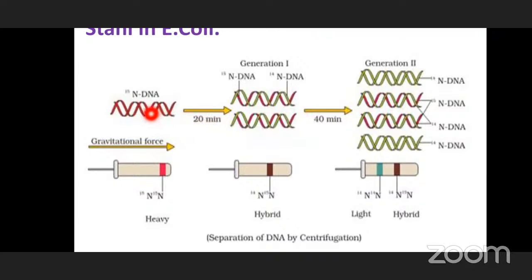After 20 minutes, the E. coli undergoes binary fission and can produce two daughter DNA molecules. One DNA molecule producing two daughter DNA molecules requires only 20 minutes. In these two daughter DNA molecules, each has one strand containing N15 and another strand with normal DNA.